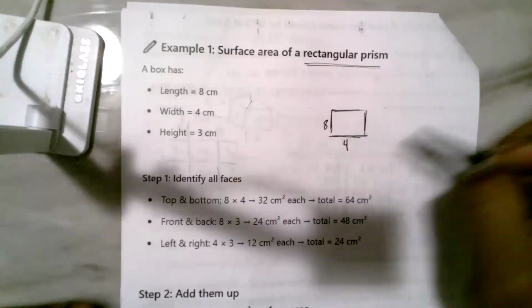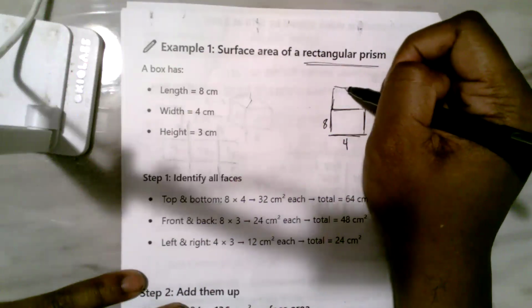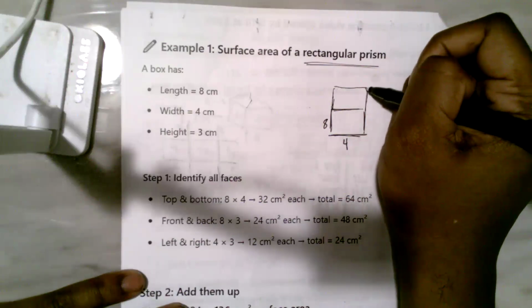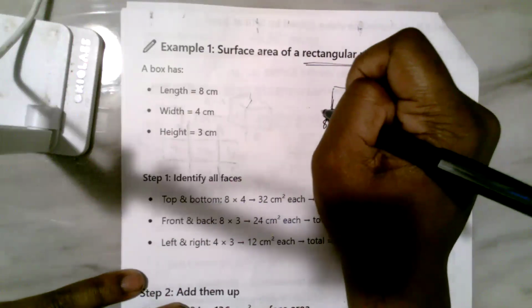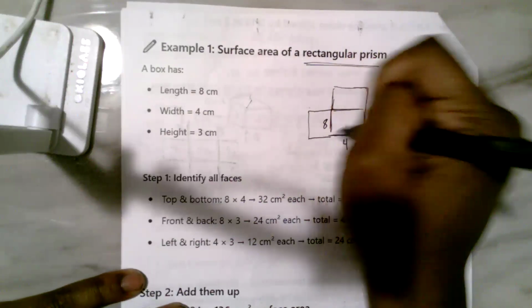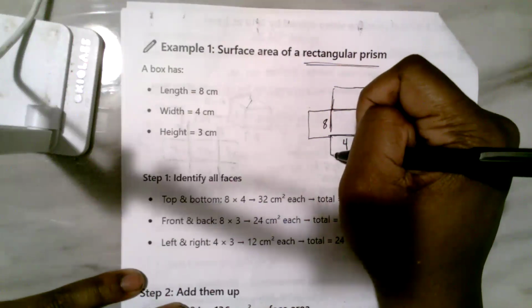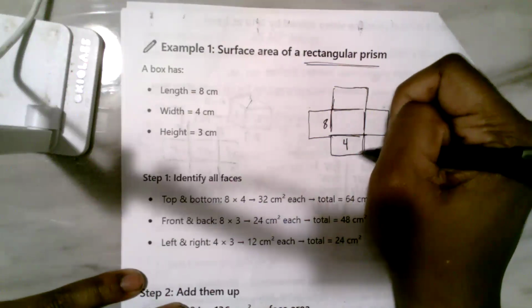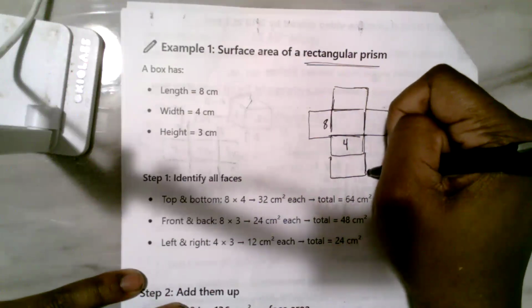But I know we're talking about surface area. So you know you're going to have the back, right? You're going to have the side. You're going to have the front. And you're going to have the top.